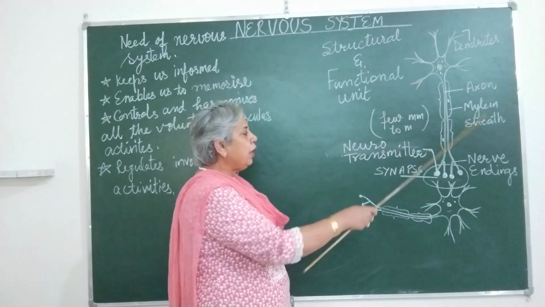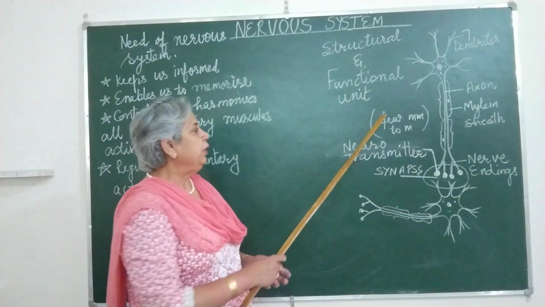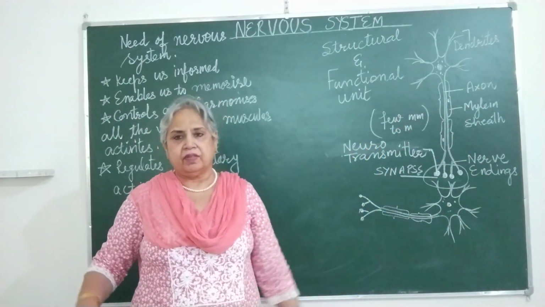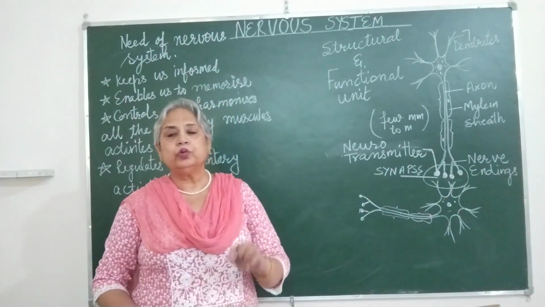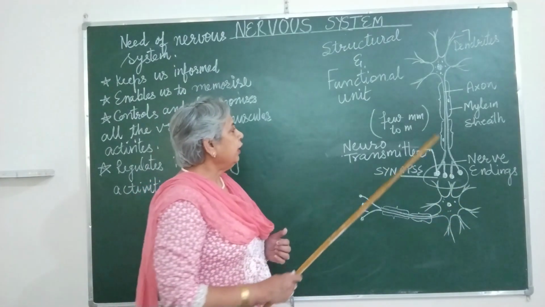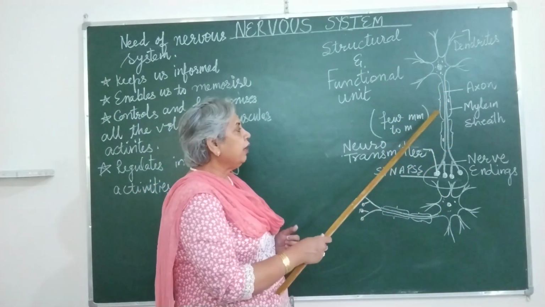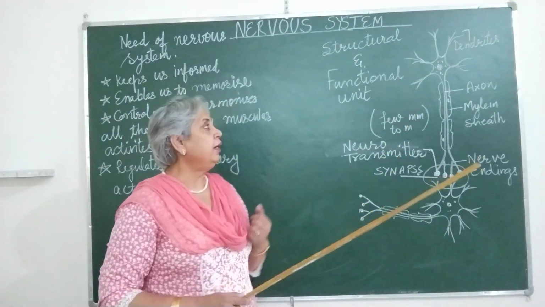Now what are the parts of the neuron? Now neuron may be a small cell or a very long cell. Its size varies according to the function. Okay? And the length depends upon this axon part. Axon may be few millimeter or it may be meters in length.